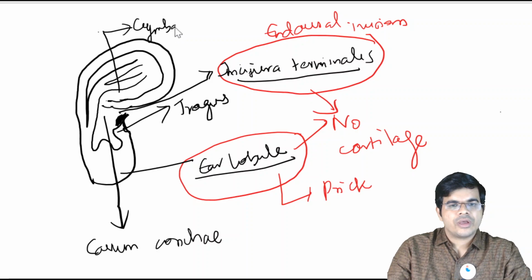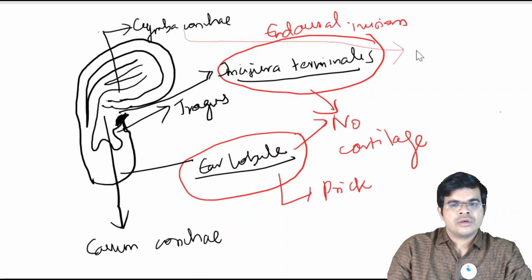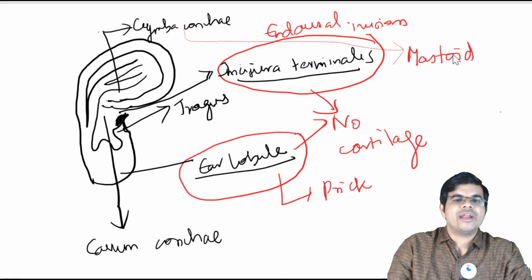Cymba conchae. Now the cymba conchae has its own significance. The cymba conchae actually overlies the mastoid antrum. Okay, cymba conchae overlies the mastoid antrum. What is this mastoid antrum?